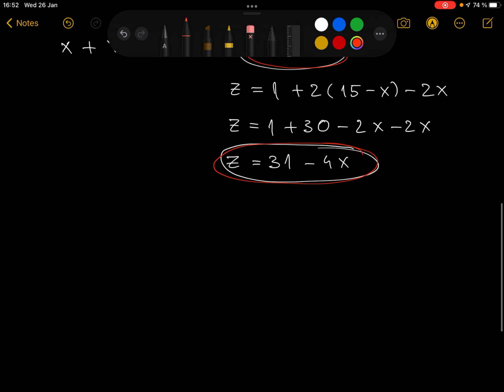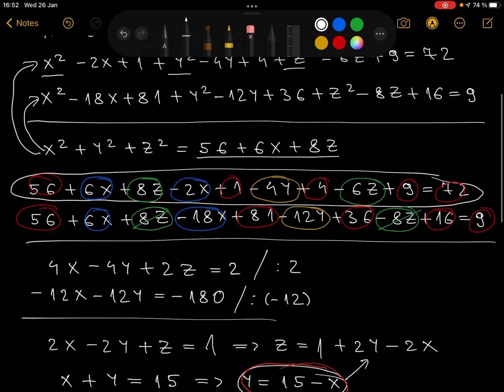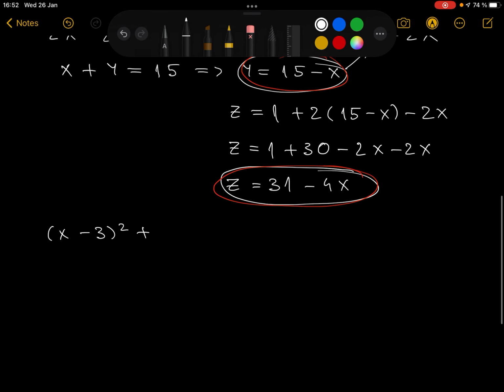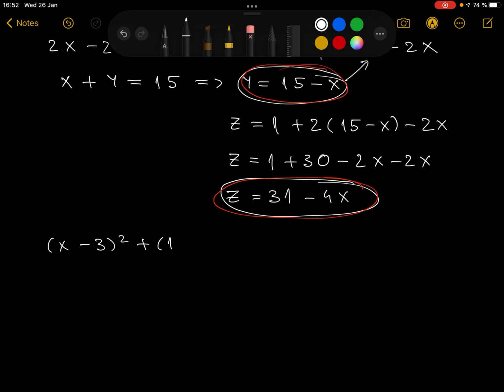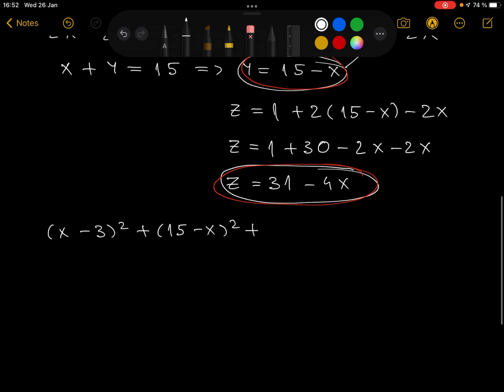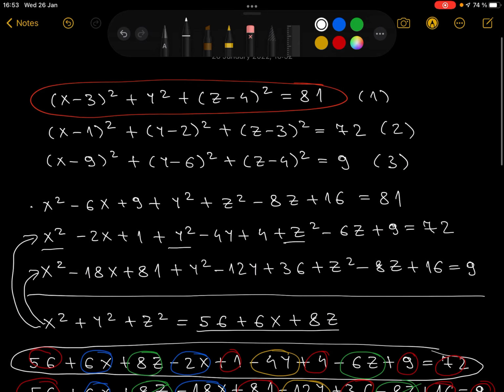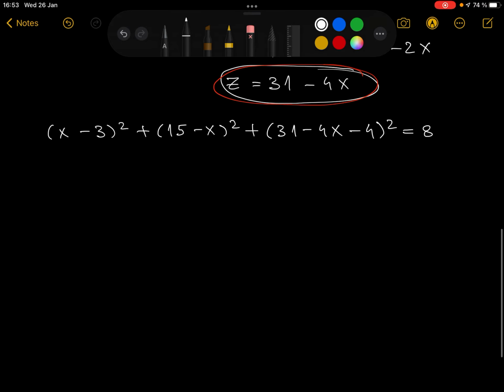So I'm just going to rewrite that as x minus 3 squared plus y squared, which is the same as 15 minus x squared, plus z minus 4 squared, 31 minus 4x minus 4 squared is equal to 81. Okay?